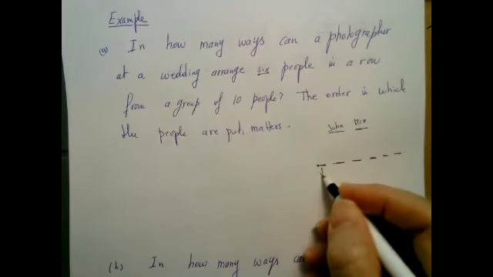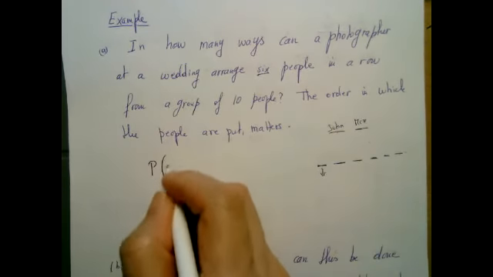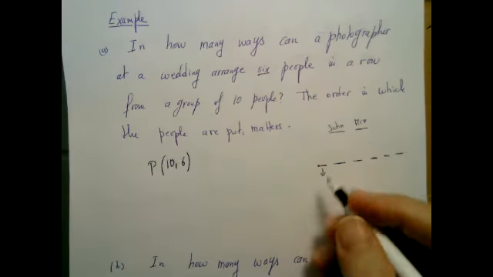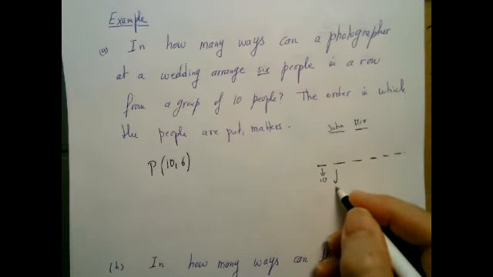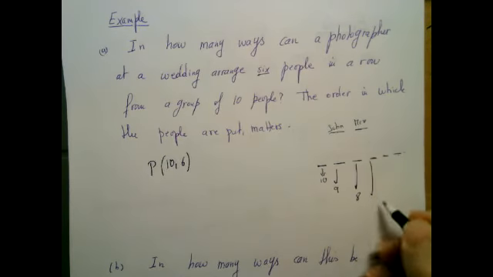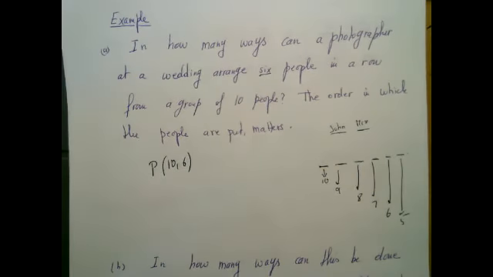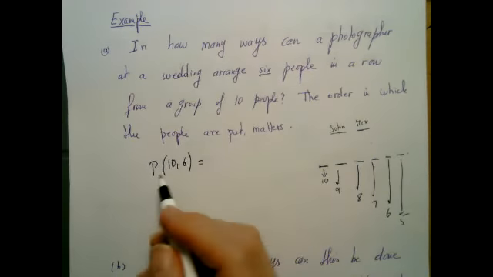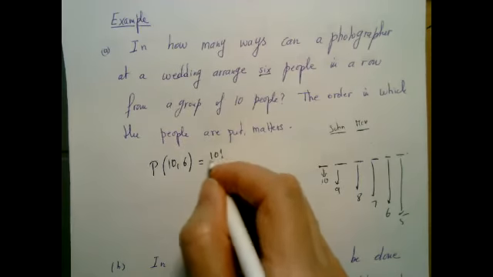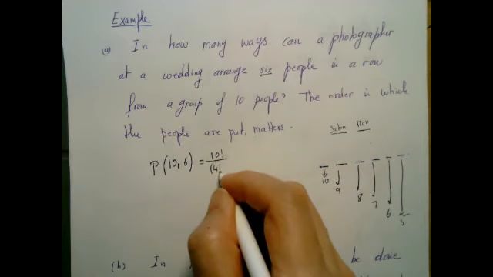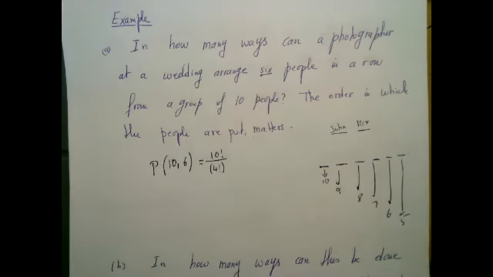You can think of this as a permutation, a 6-permutation, or you can think of it with the multiplication rule: I have 10 choices, then 9, 8, 7, 6, 5. It's really the same idea. So it's 10 factorial over the difference, 10 minus 6 factorial, which is 4 factorial. You can do it either way. That's the formula, please remember it very well.